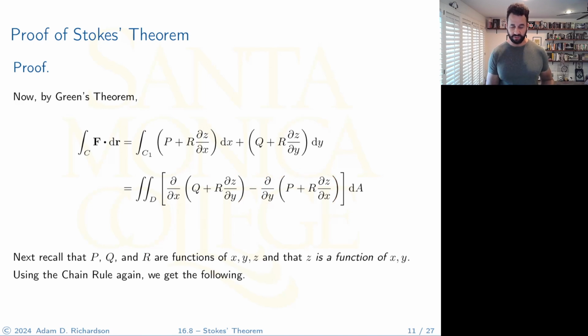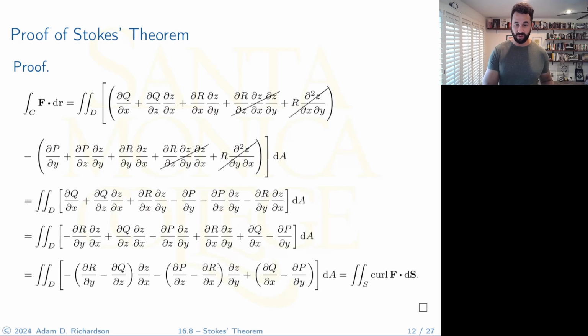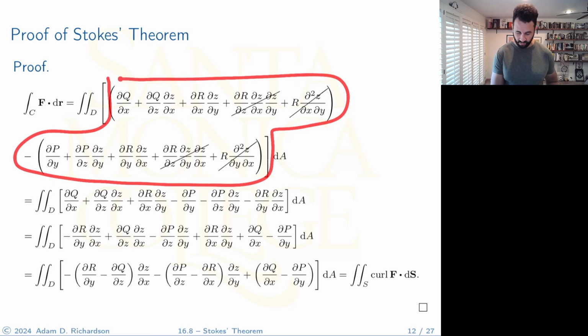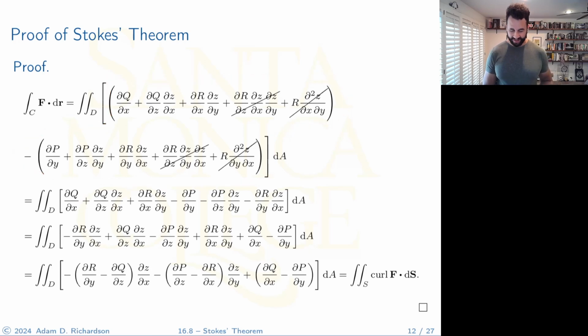In essence, what we want to do is just compute the partial derivative of this with respect to X, and compute the partial derivative of this with respect to Y. But we're going to have to use the chain rule. So this is what you get here. If you want, you can pause and ruminate over where all this is coming from, but it is just a simple application of the chain rule and the product rule. So when you do that, you get a very long integrand. This is all one integrand right here.